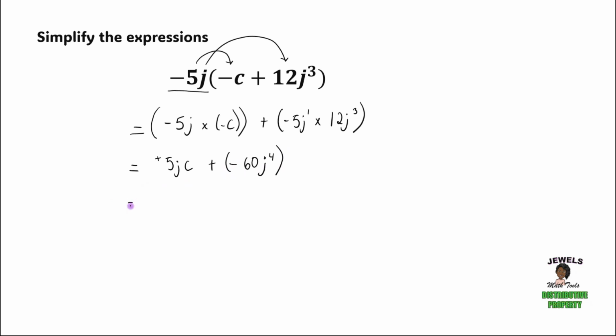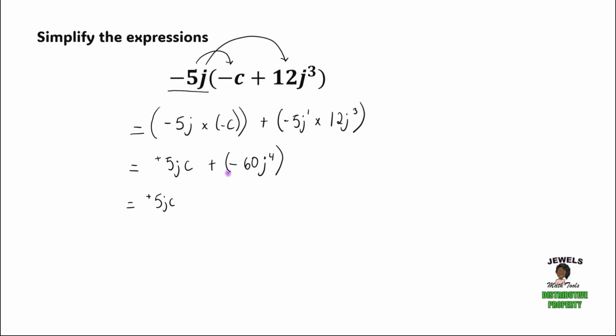Now, of course, we are not completed with simplifying our expression. We do have two signs that are following each other, and we need to simplify those two signs so that we can have just one operation sign between our two terms.